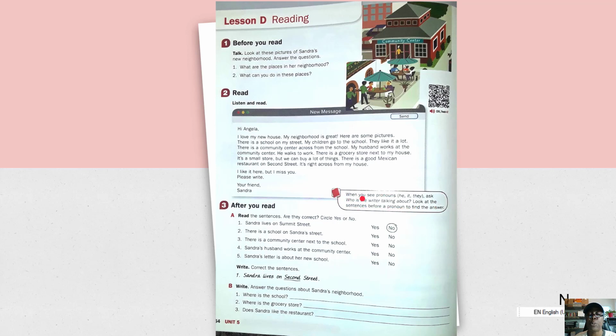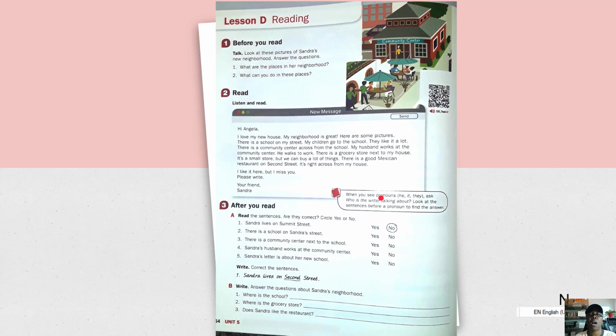It says, when you see pronouns, he, it, they, ask, who is the writer talking about? Look at the sentences before a pronoun to find the answer. So we're going to go through and look for pronouns.